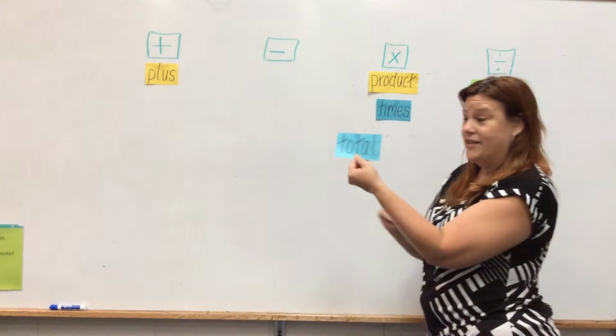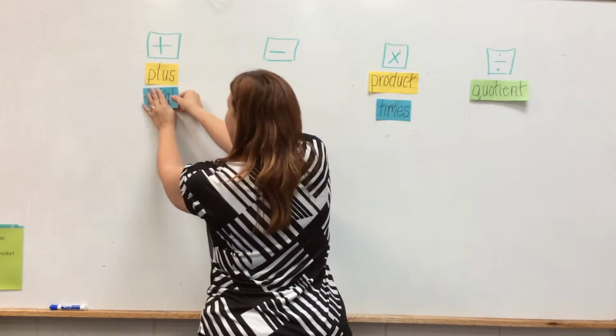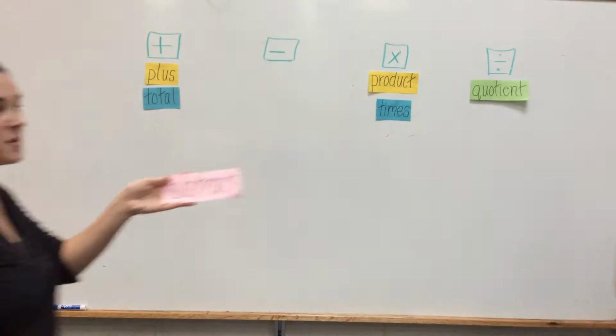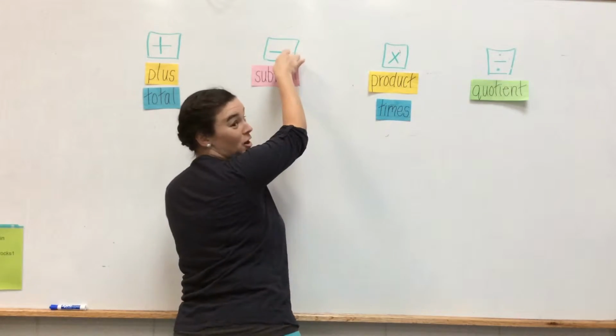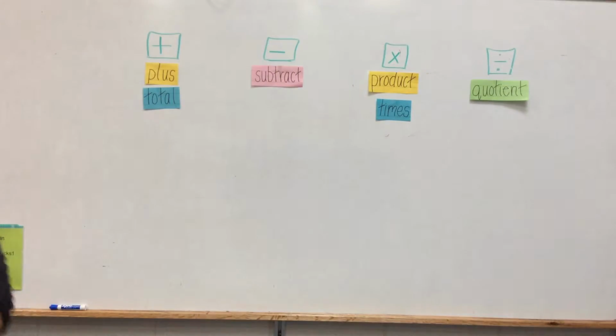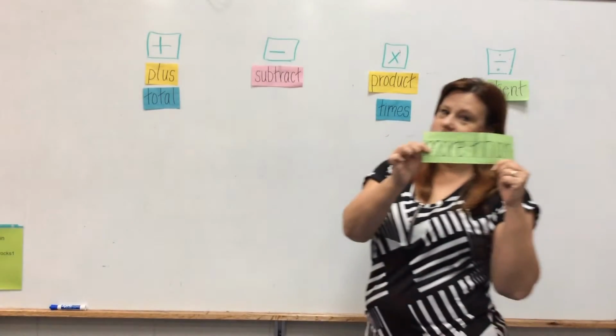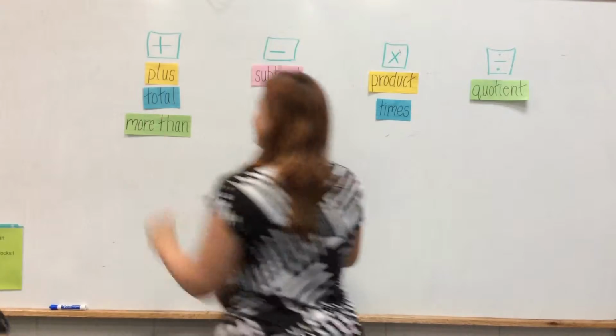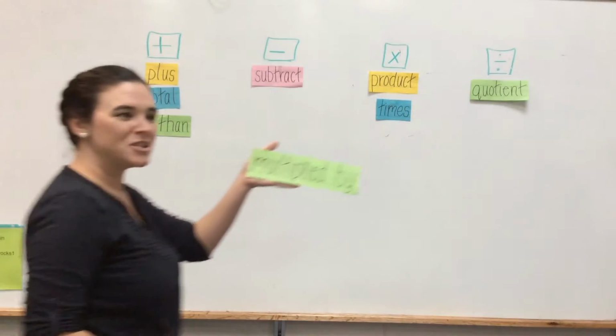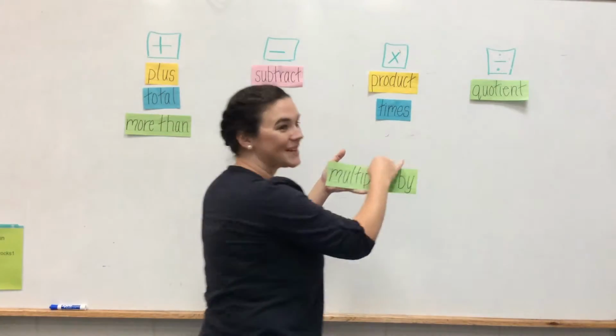When you are finding the total, you are adding. When you're told to subtract, you're going to subtract. The words more than tell us that we need to add. Multiplied by, we're going to multiply.